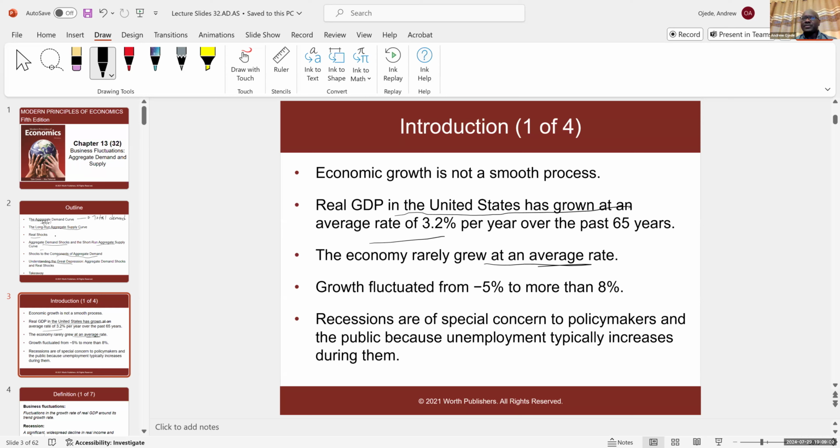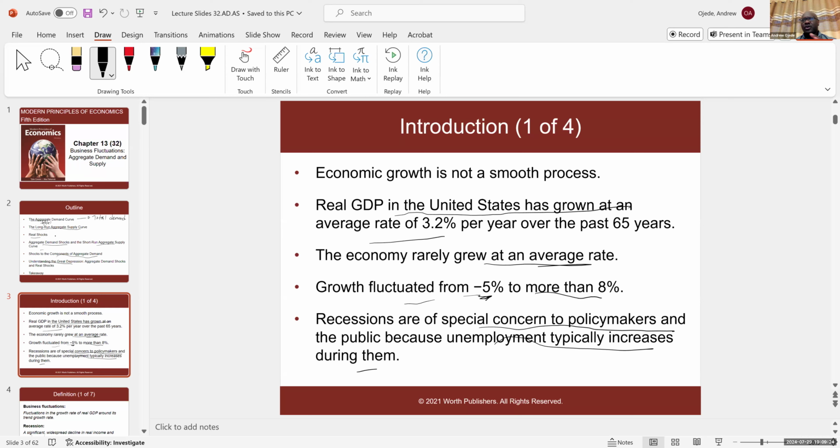Sometimes we get opposite growth. Again, for example, the growth rate fluctuated between -5% and more than 8% sometimes. And then recessions are of special concern to policymakers, both policymakers in Congress and the Federal Reserve, and the public, because unemployment typically increases during recessions.